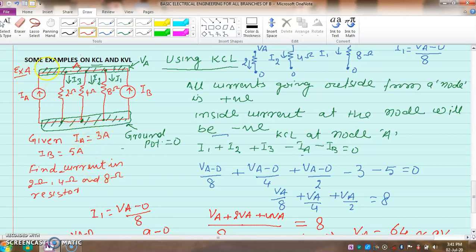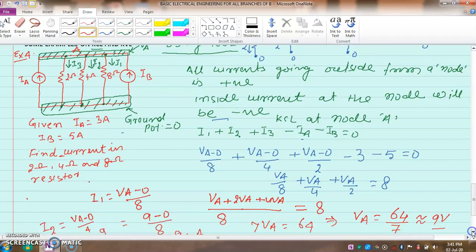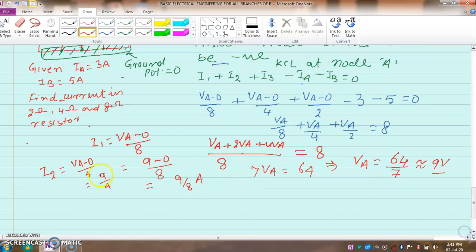I1 is known, similarly I2 is known, so I3 will also be known. How much is I3? I3 will be VA minus 0 divided by 2, and VA is calculated as 9, so 9 divided by 2, which is 4.5 ampere.